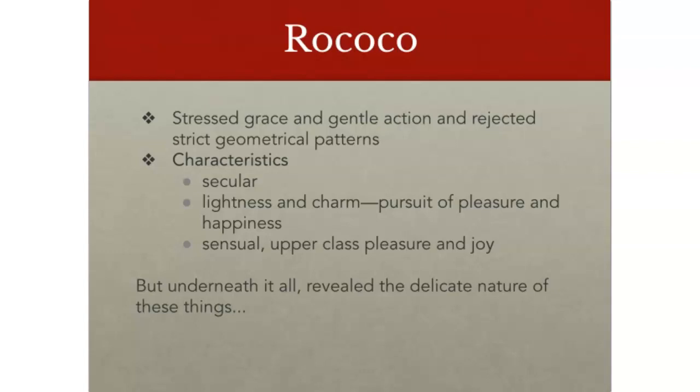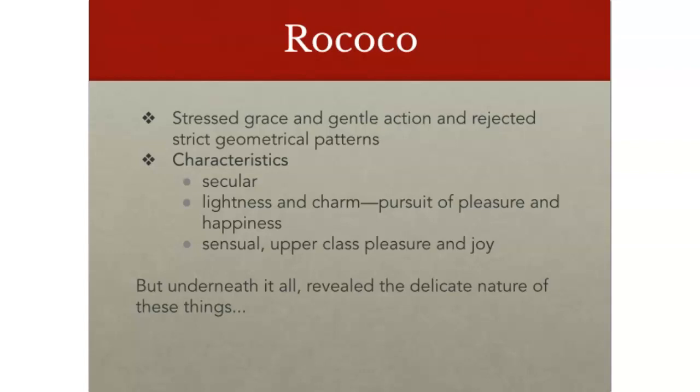The characteristics of the subject matter were almost always secular themes, showing lightness and charm, very worldly pleasure, the pursuit of pleasure and happiness in this world, often sensual, and often the subjects were upper class people, so aristocrats. But underneath it all, this art was meant to reveal the delicate nature of life.